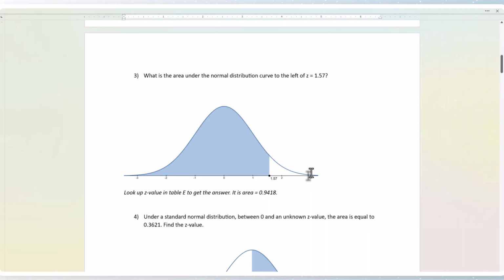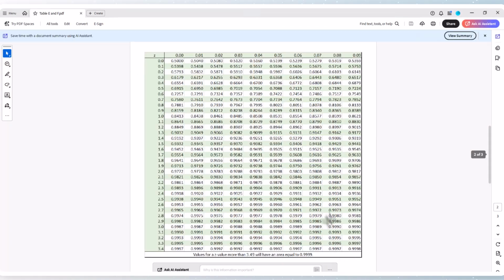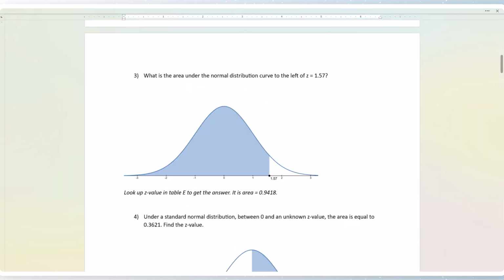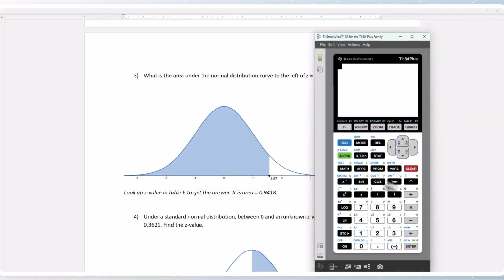For problem 3, we want to find the area to the left of 1.57. Using the table, we just look up the value 1.57, 0.9418.